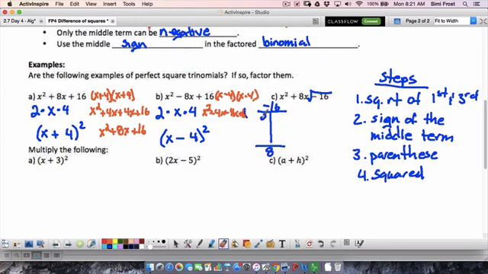My factors, we could try 2 and 8. Not going to add or subtract to 8. 4 and 4. Well, I'm going to need a negative in there someplace. If I make one of them negative, that multiplies to negative 16, but it's not going to add to 8. Okay? And no other factors are going to work. So this one is actually not factorable.